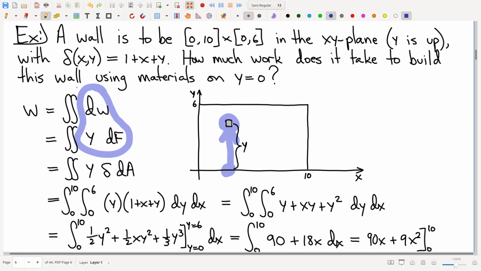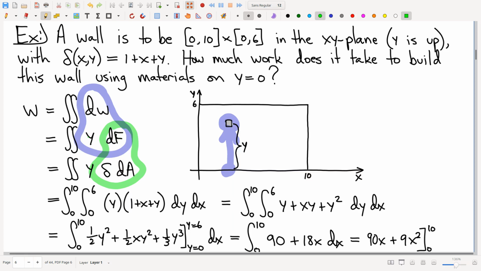So all that is work equals force times distance using integral shorthand. Weight is weight per unit area times area. This is using weight, not mass, by the way. So pounds, for example, is an example of weight.